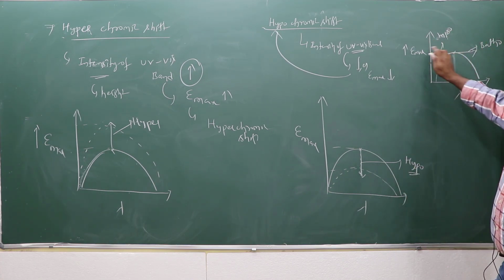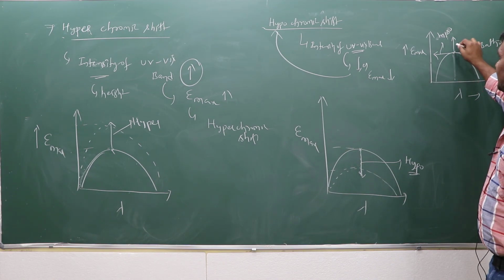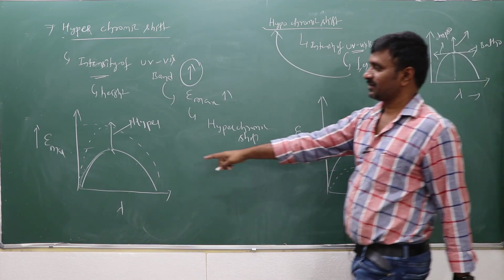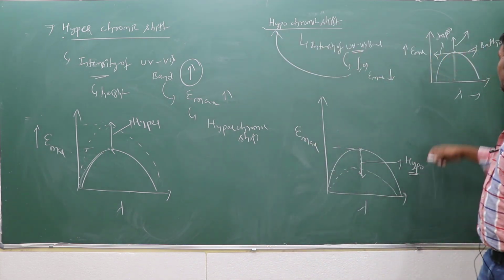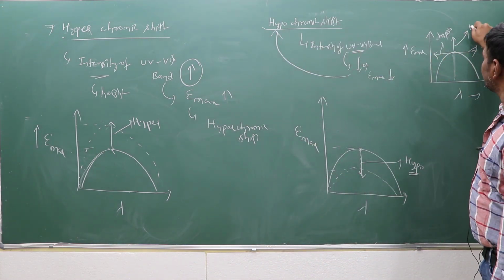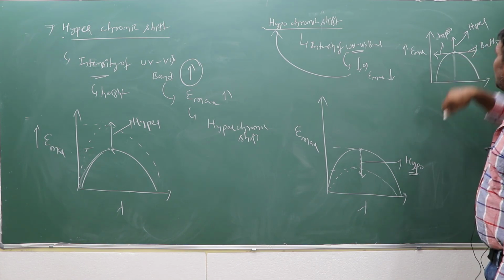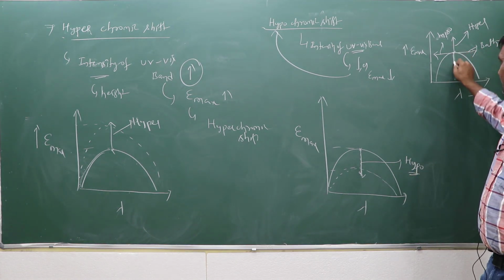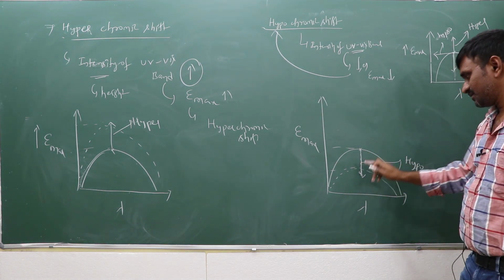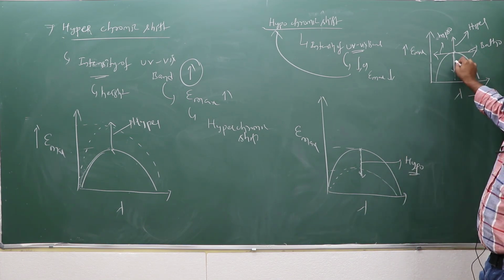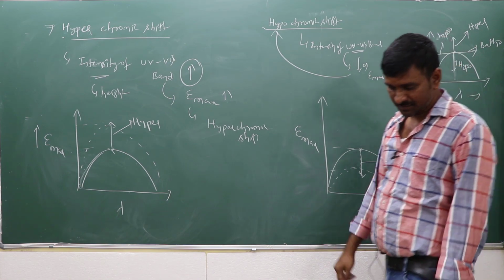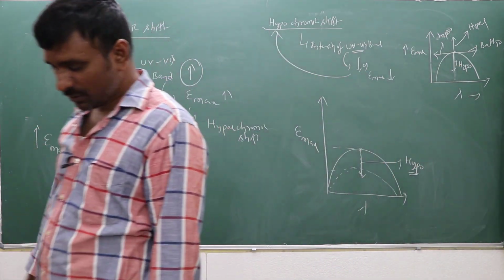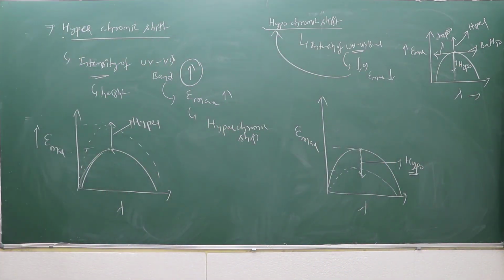When the epsilon maximum intensity increases, the height of the band increases, and that is the hyperchromic shift. When the intensity or epsilon maximum decreases, that is the hypochromic shift. Right? You know the four shifts.